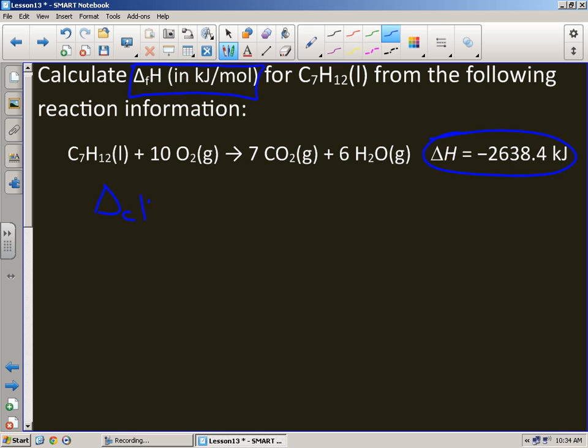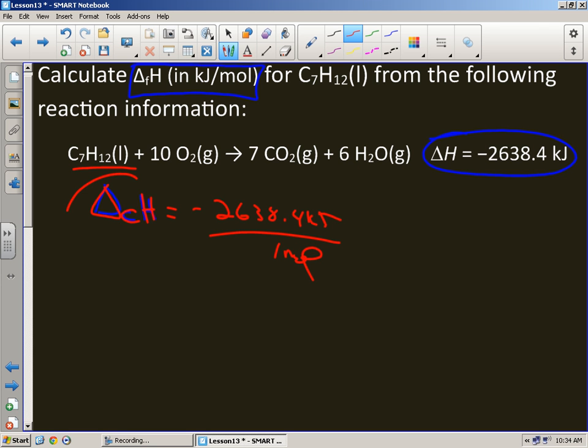I know this is not really clear, guys, here, but can you find delta CH for C7H12? Pretty easily, can't you? 2638.4 divided by 1, yes? 2638.4 kilojoules per mole, yeah? Right? That's easy. That's a gimme, right?